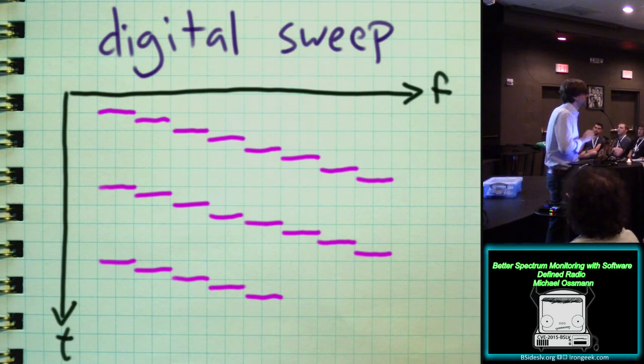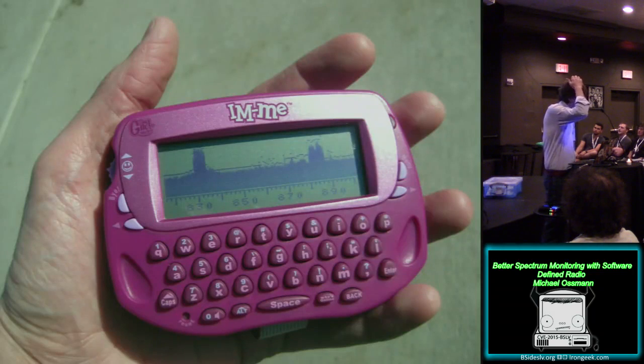And effectively, you get the same type of measurement if you're looking over a wide bandwidth. This is a very easy sort of thing to implement on, for example, low-cost digital radio transceivers, like the IM, my favorite pink toy, and now everyone's favorite pink toy.